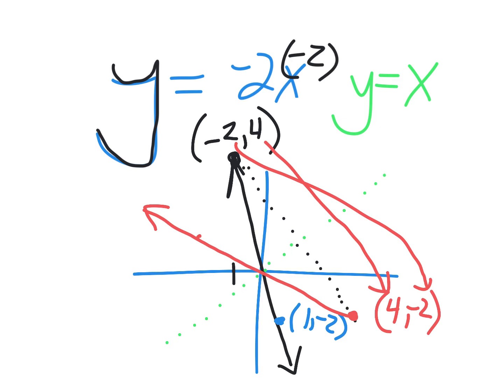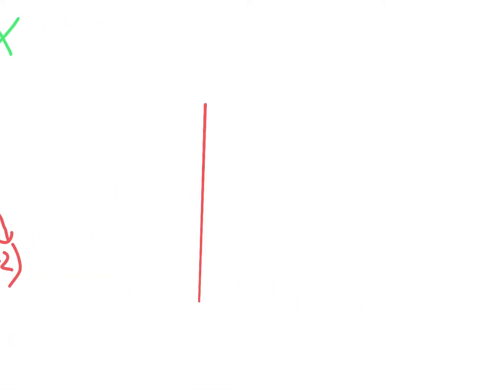The black one and the red one are a reflection over the green line. That is inverses in a picture. It's a reflection across the line. So if I tell you I've got a function and it's got a point 2 comma 8 on it, you can be assured that on the inverse there will be the point what? 8 comma 2. You just have to flip them around.